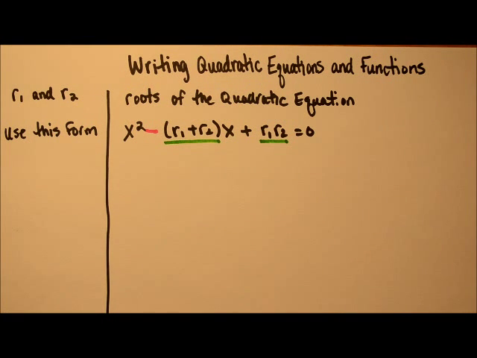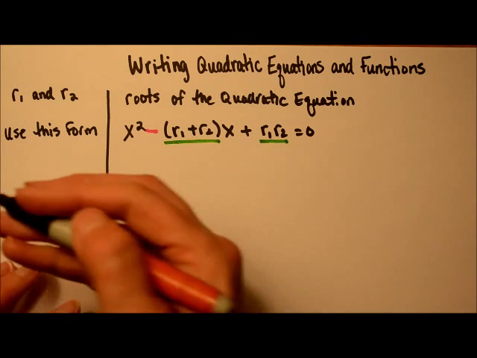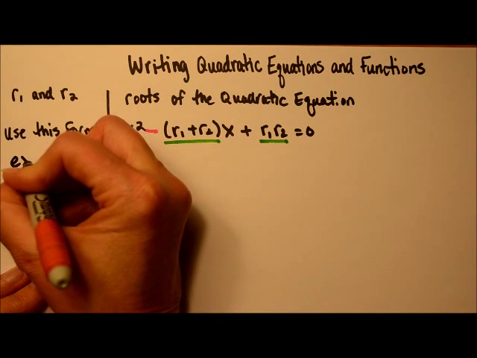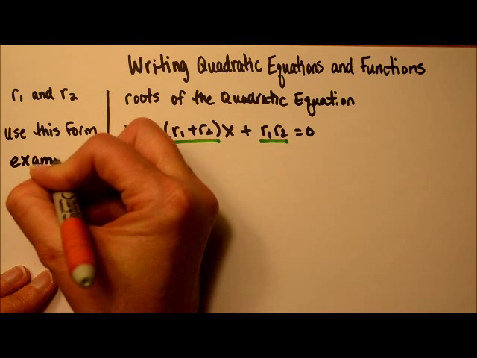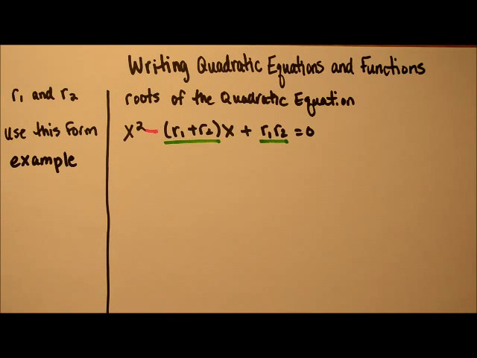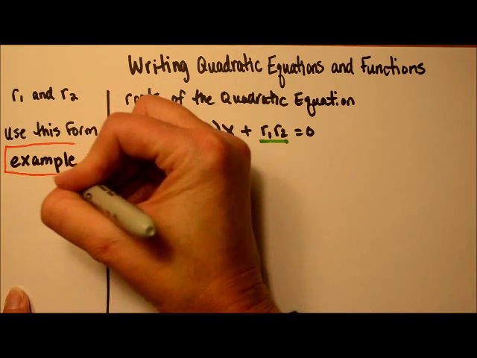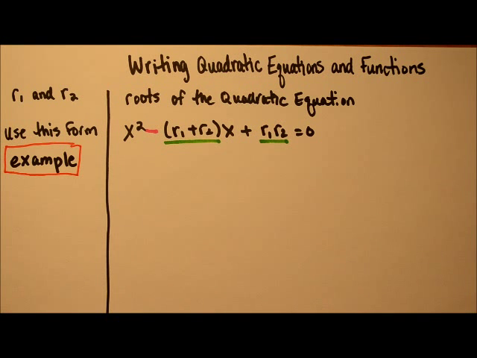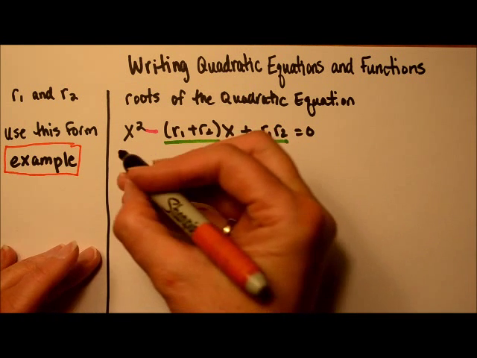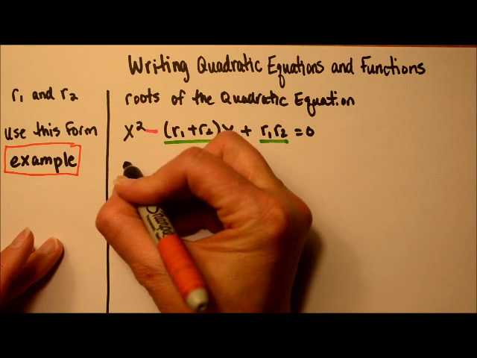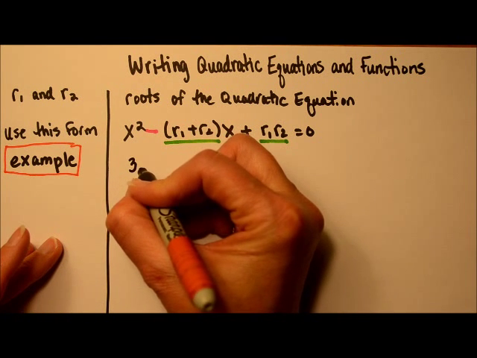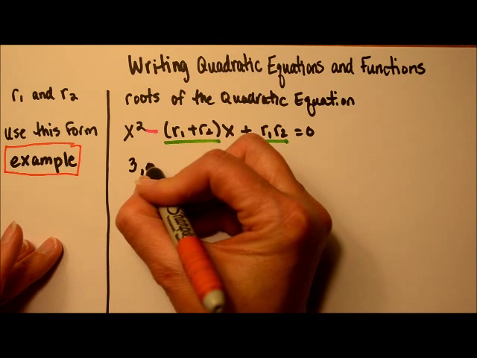Okay, let me give you an example. Once you see the example, you'll think, oh yeah, it's pretty simple. Here's an example, and this is a really simple one, and then I'll take you into some that are a little more difficult. Let's say I have 3 and -5.